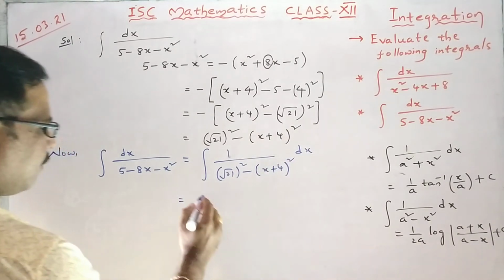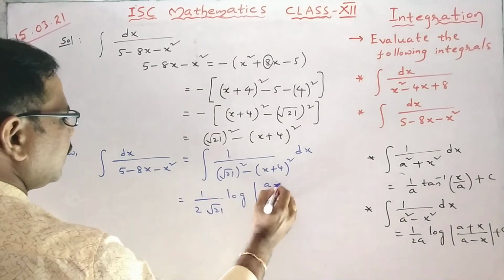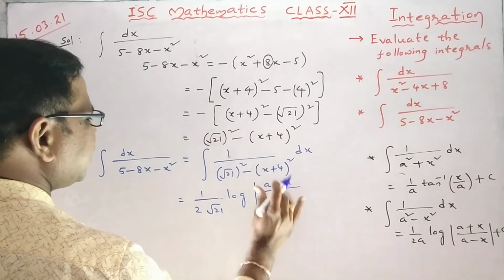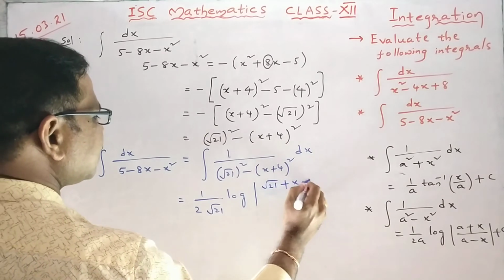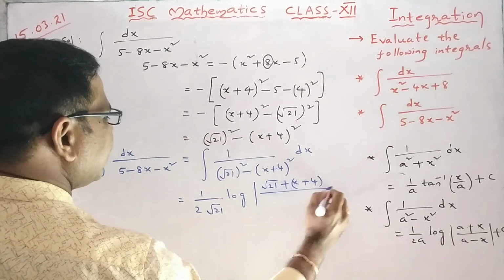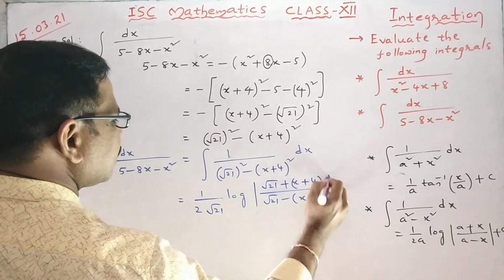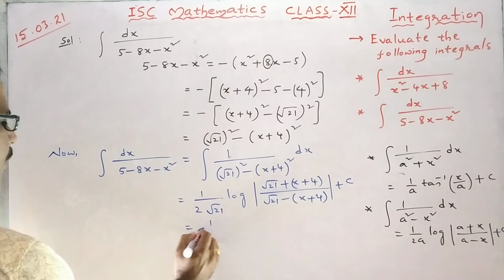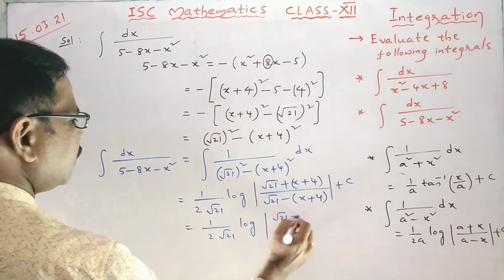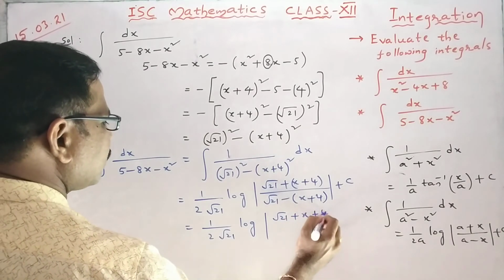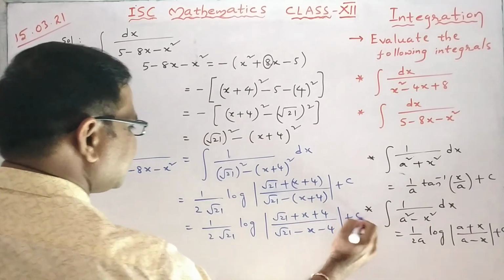Now apply that formula: 1 by 2a log mod a plus x by a minus x. What is a here? Root 21. So 1 by 2 root 21 log mod root 21 plus x plus 4 by root 21 minus x minus 4 plus c.